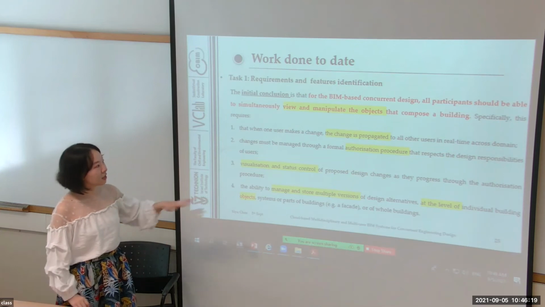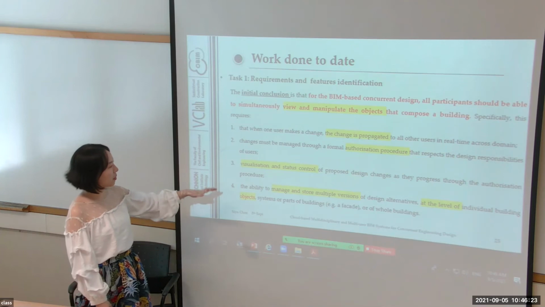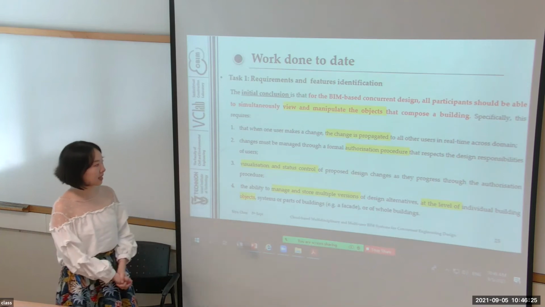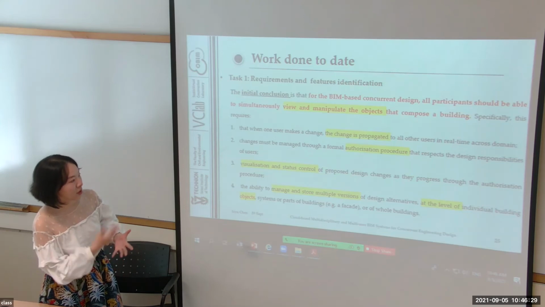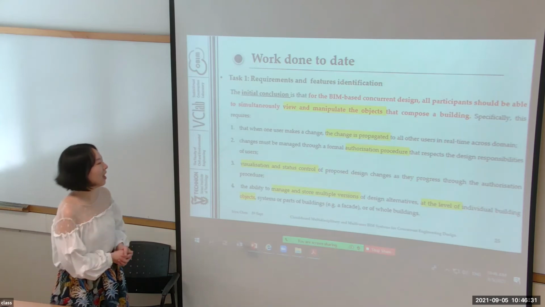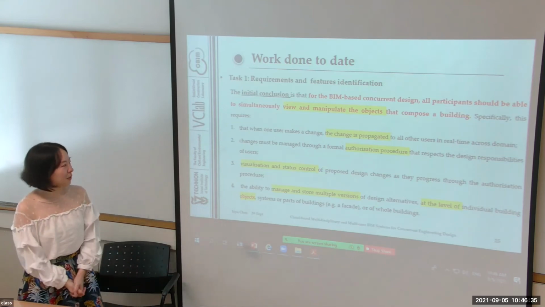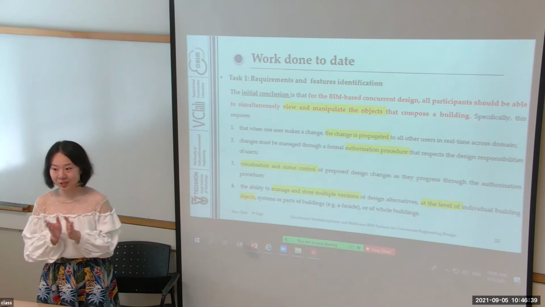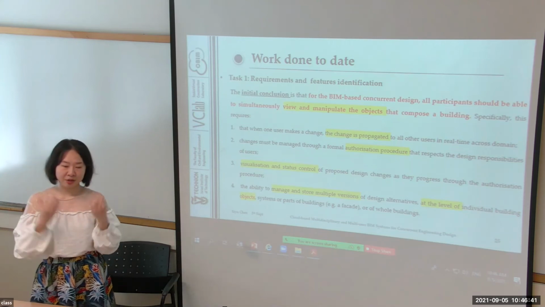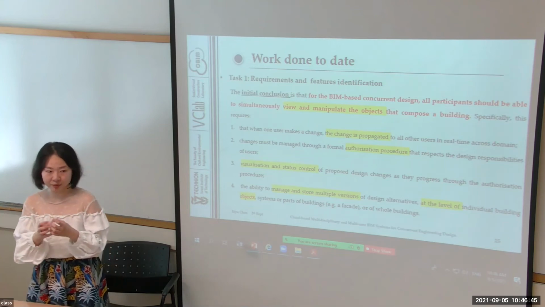Thirdly, concurrent design also requires visualization and status control of proposed design changes as they progress through the authorization procedure. What does that mean? That means when a change is being processed, the users will be able to see the status and the progress.